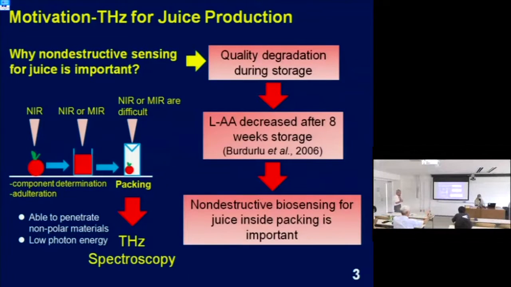So you also need to understand how ascorbic acid concentration changes during that supply chain, when sometimes there is no refrigeration or high temperatures or whatever. Thank you, very good suggestion.